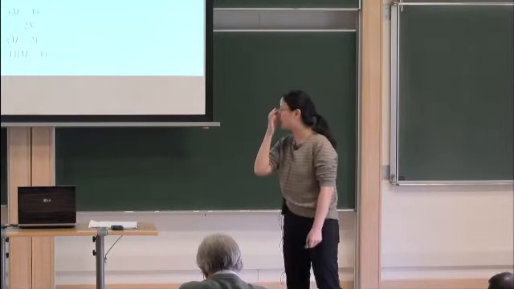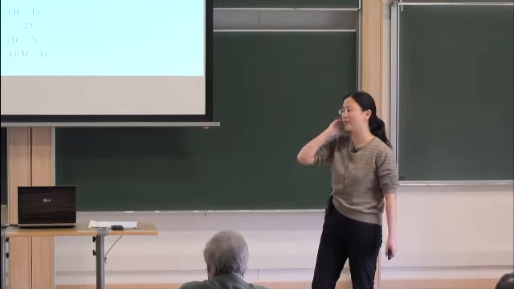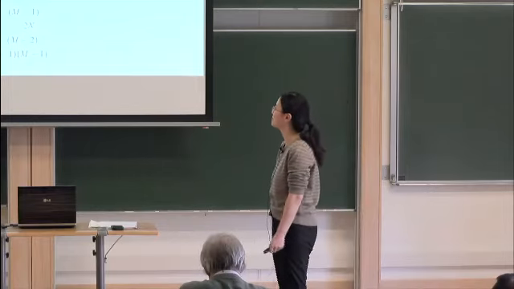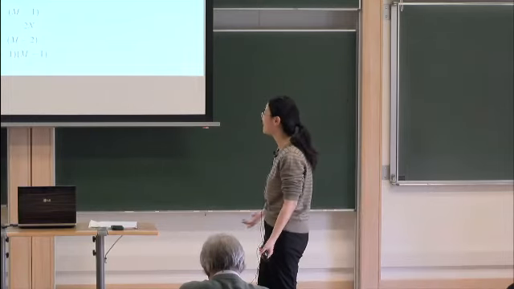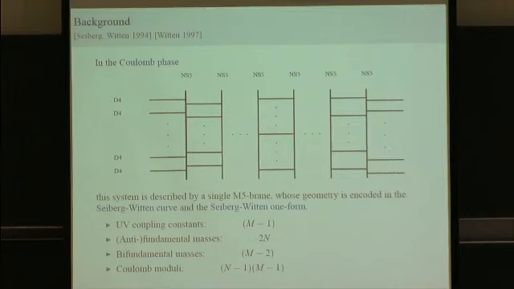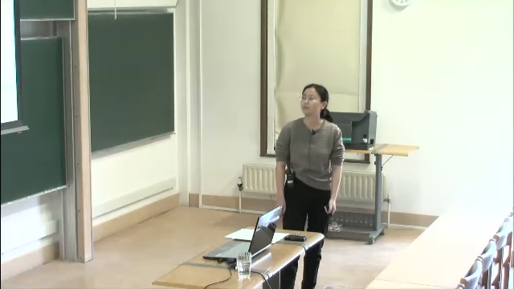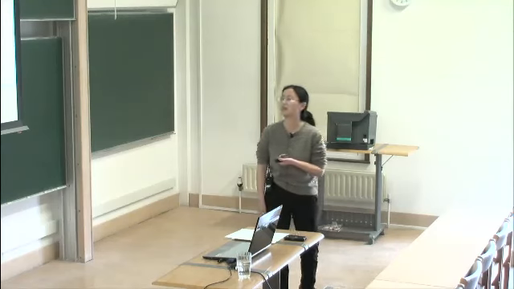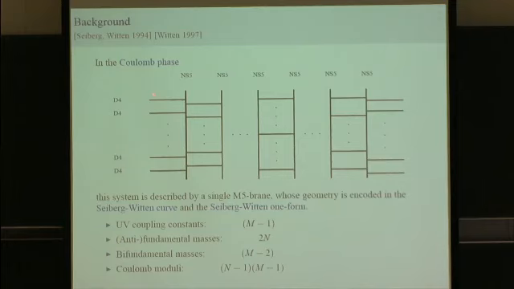At that time, the Seiberg-Witten curve described an auxiliary complex Riemannian manifold, but later it was realized that this can be written as one single M5 brane by uplifting to M theory.